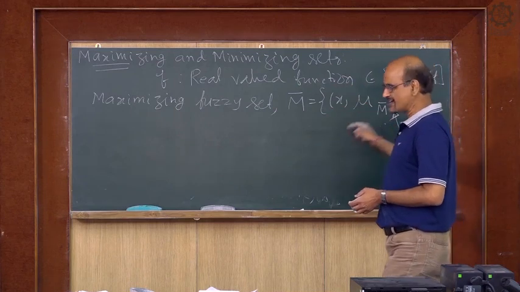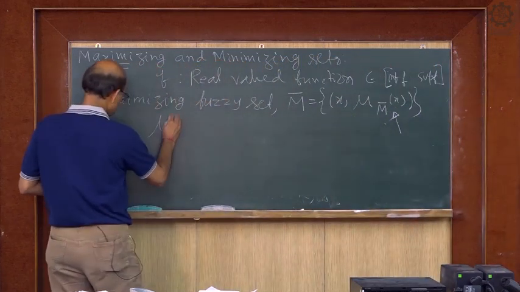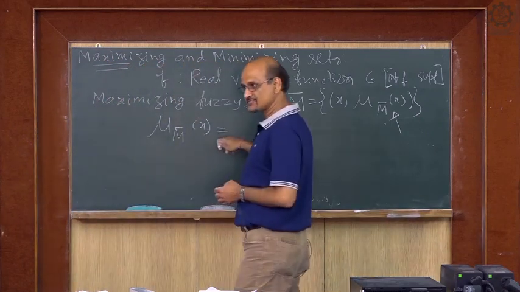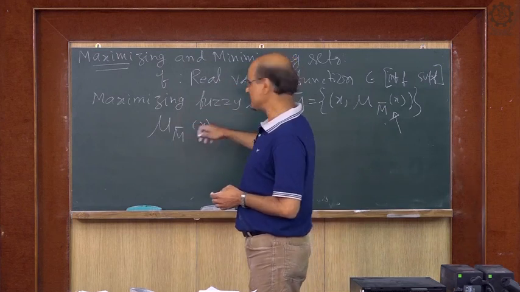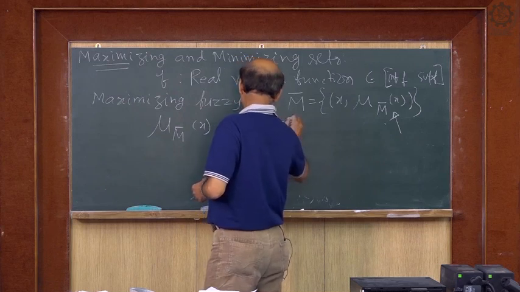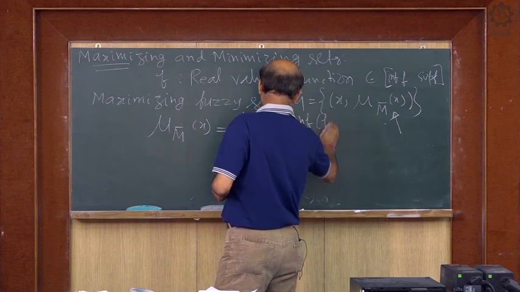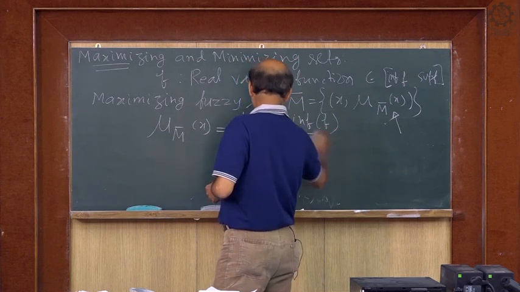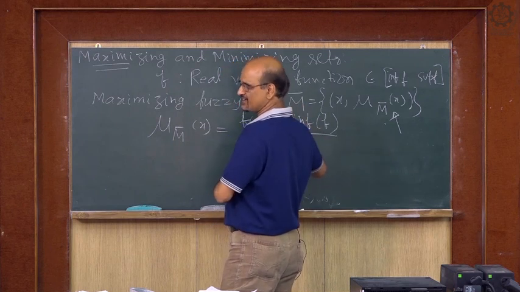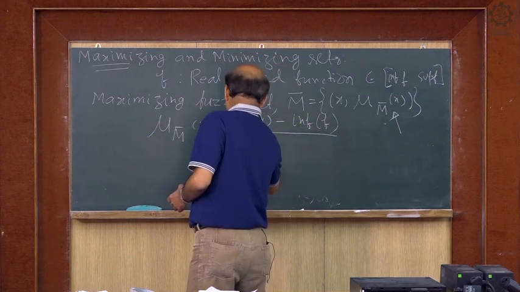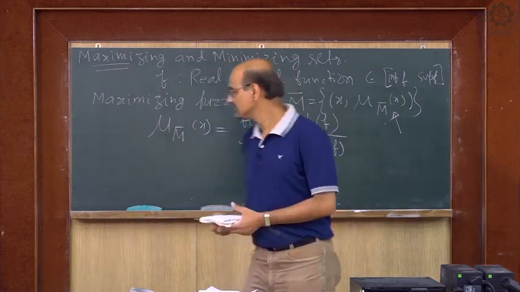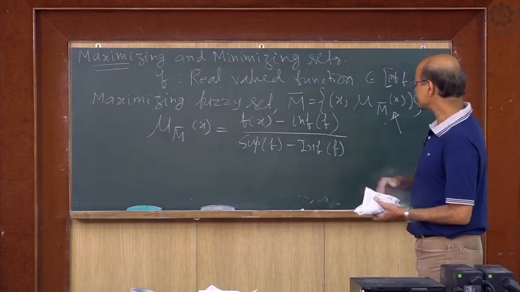This we define as mu m bar x, the maximizing set's membership function, and we define this as f(x) minus infimum of f, divided by supremum of f minus infimum of f. So this is called the maximizing fuzzy set.